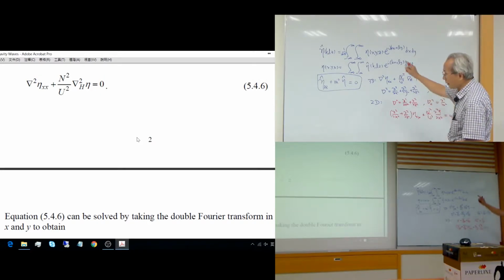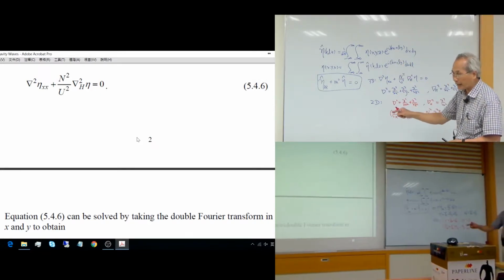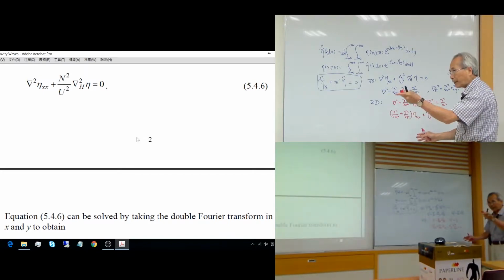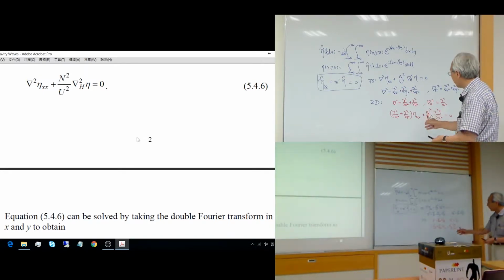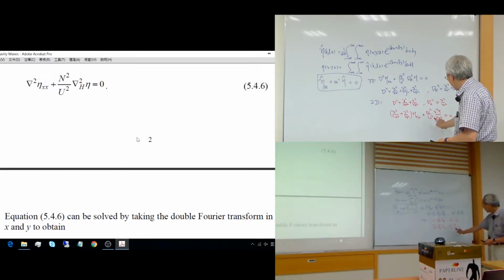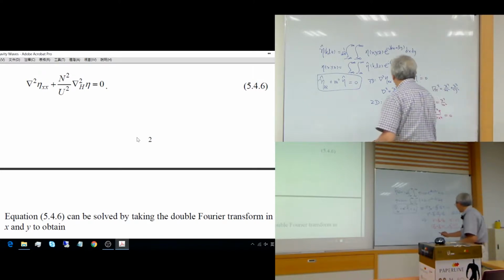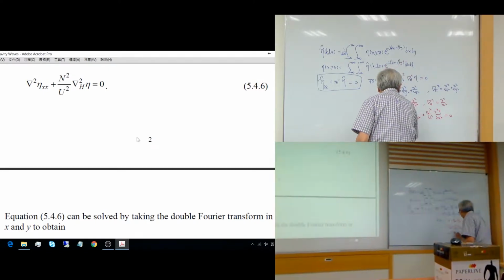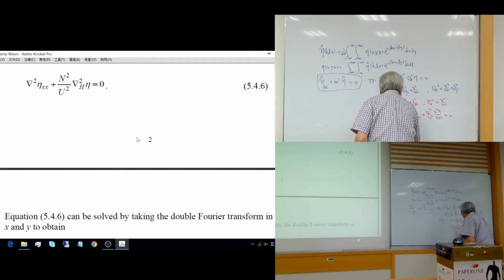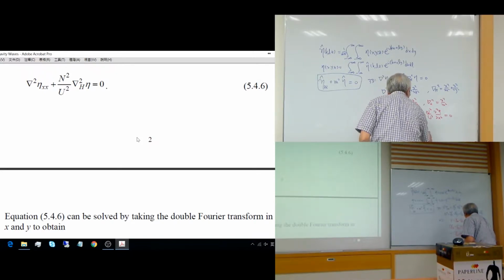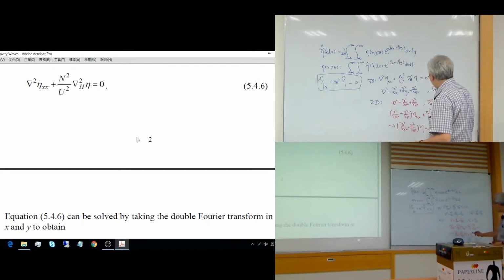And now if you take the integration with respect to x twice, from negative infinity to x, then that will reduce to partial squared over partial x squared plus partial squared over partial g squared, and then eta plus N squared over U squared, that is the scalar parameter squared, equals 0.